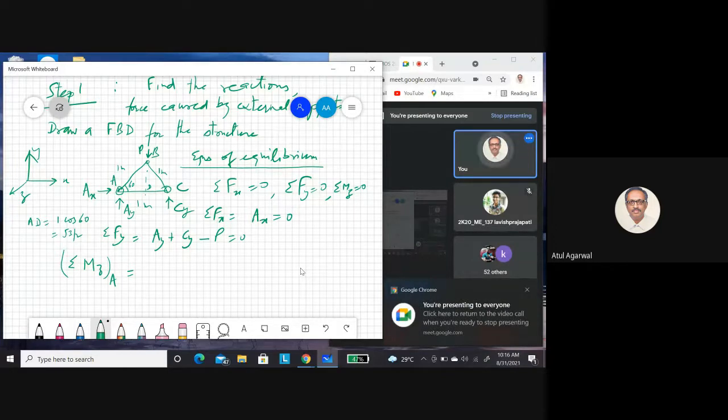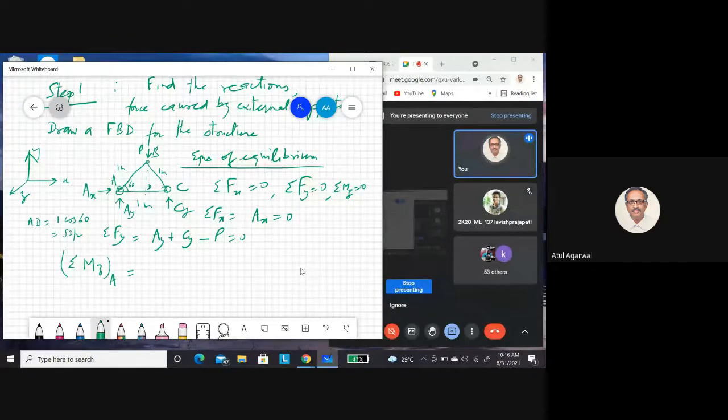Moment about point A: the reaction forces at point A will not cause any moment because they are passing through point A, so the radial arm is 0. So moment is 0 for forces AX and AY. Now force at B will cause a moment. You find the perpendicular distance to the line of action of the force at B. That is distance AD, and the length is root 3 by 2.